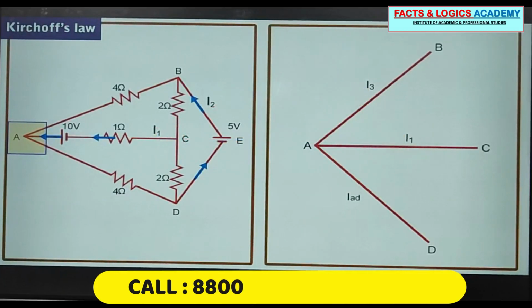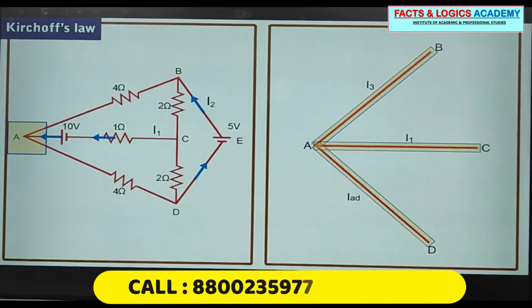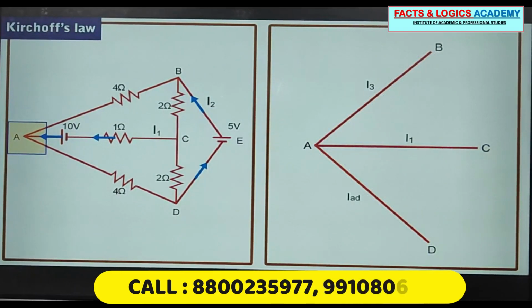The three branches BA, CA, and DA meet at the nodal point A. We have already labeled the current in branch AC. We have to now label the currents in the remaining two branches.